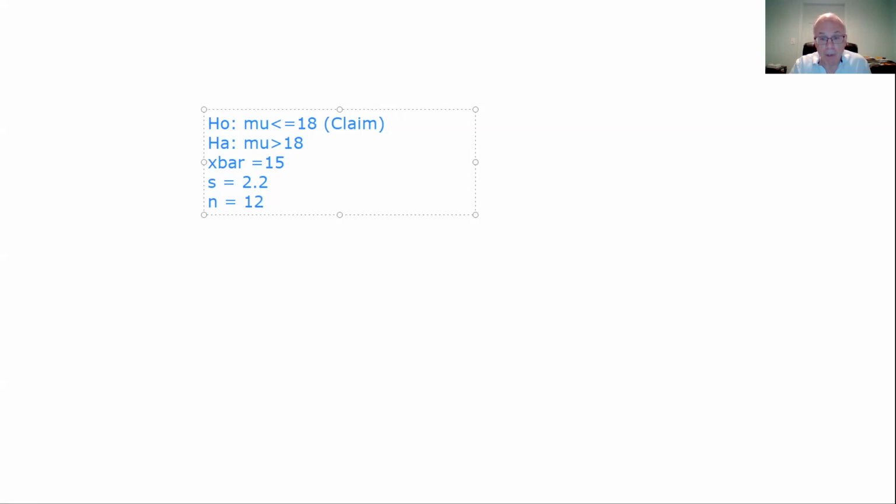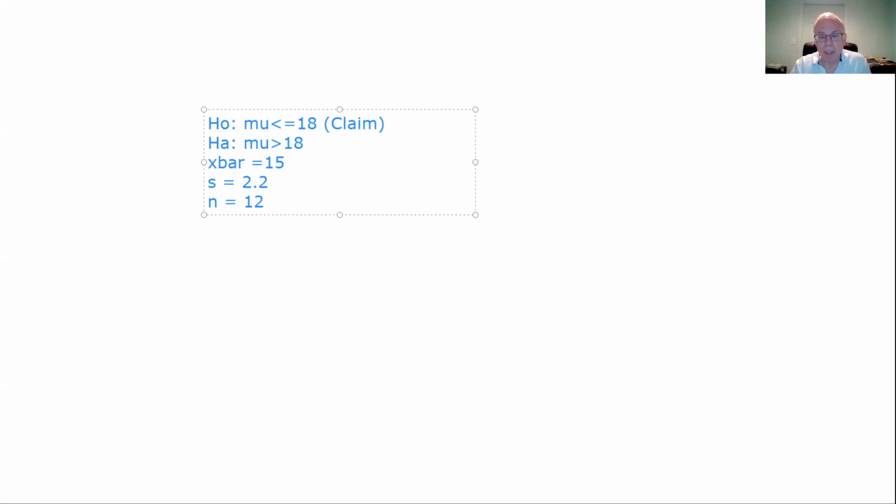Now notice in this case that the x bar is actually less than 18, which is a little bit strange. But that's what we ended up with. So I think you're going to see that we're not going to reject the null hypothesis in this case, but let's look at it anyway.